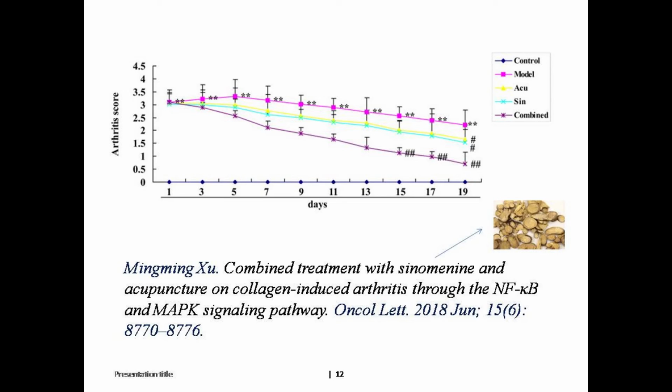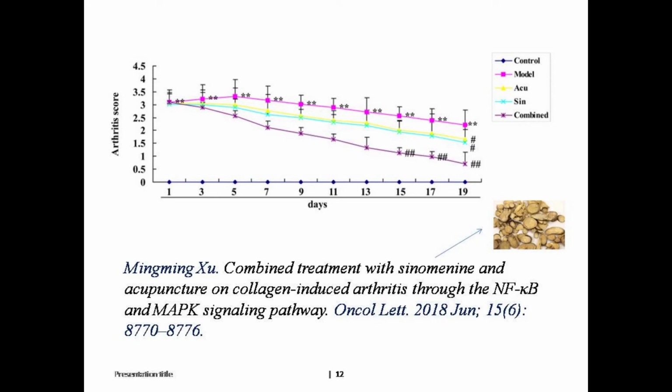So after the treatment, it shows the herbs plus acupuncture is significant. The arthritic index is significantly lower than the other two groups. This was published about 2 years ago in an English magazine.